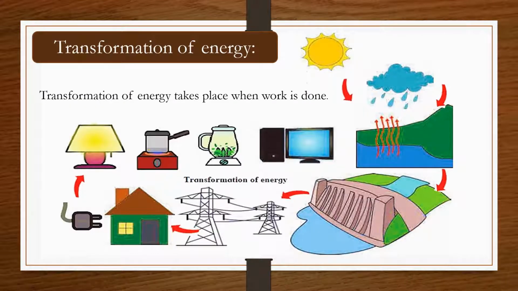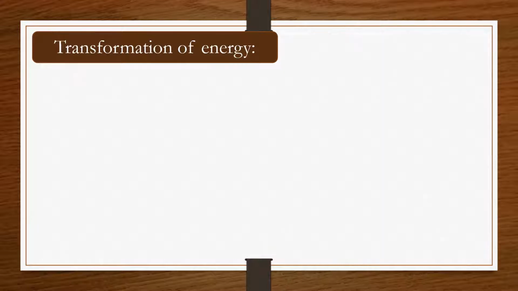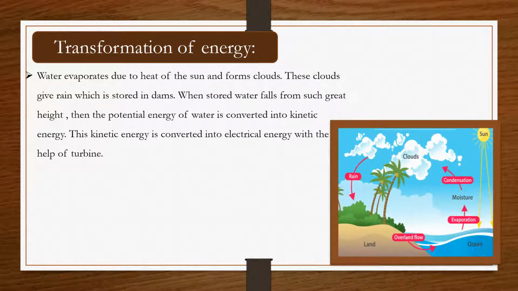Now students, what is transformation of energy? A transformation of energy takes place when work is done. Now let us consider one chain of transformation of energy. The water evaporates due to the heat of the sun, and this water vapor forms clouds that give rain.